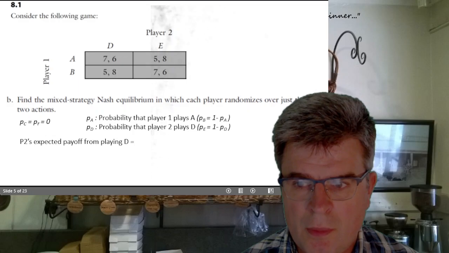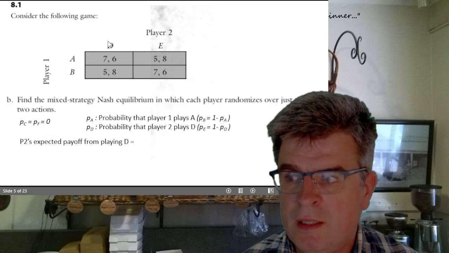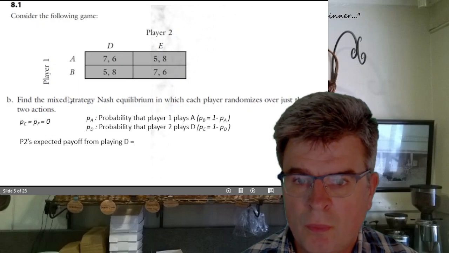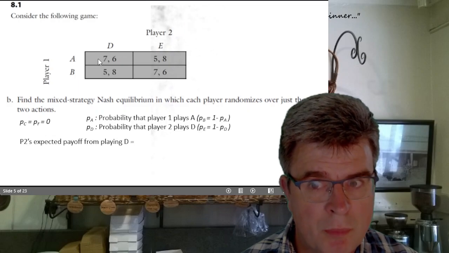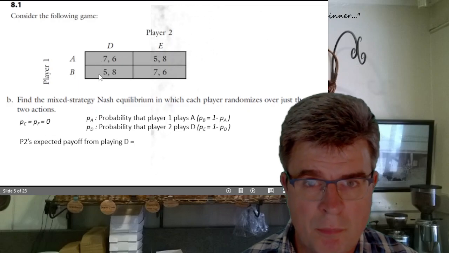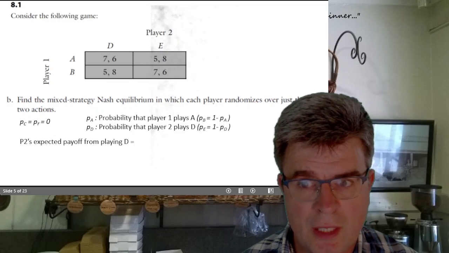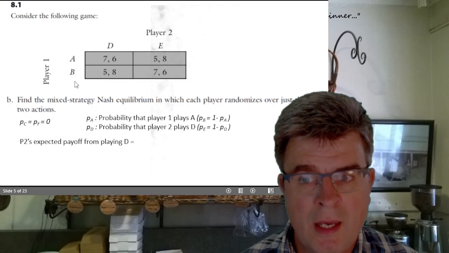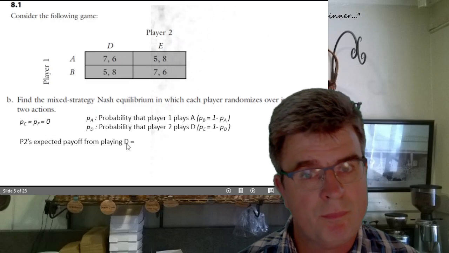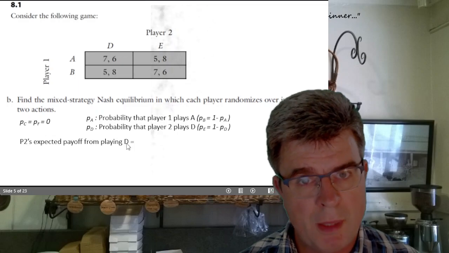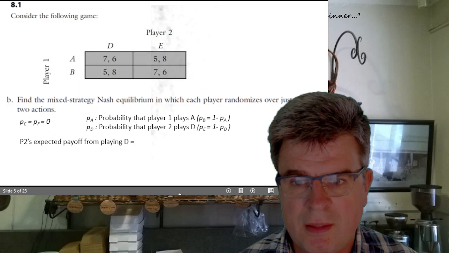So now player 2's expected payoff from playing D will depend on whether player 1 will play action A or B. We don't know what player 1 will play, but we know that he will play action A with probability PA and action B with probability PB. So we write player 2's payoff as an expected payoff, taking into account these probabilities.